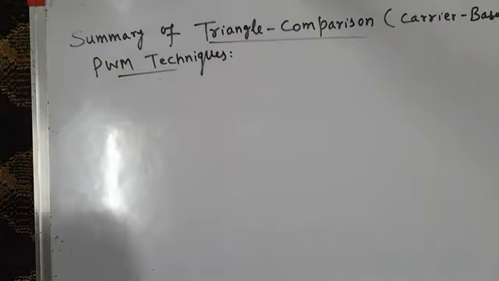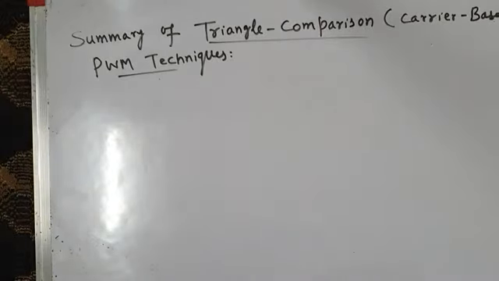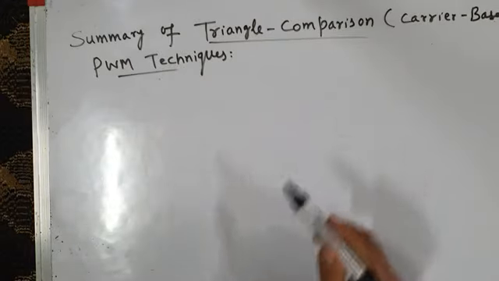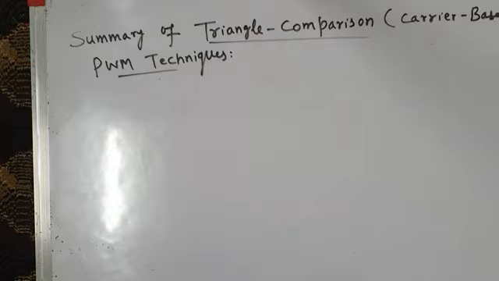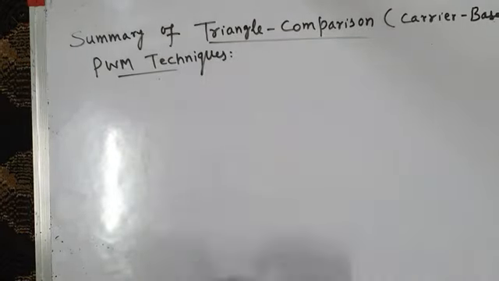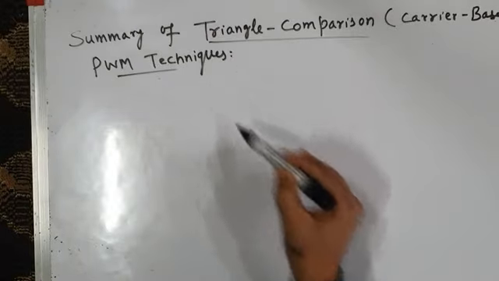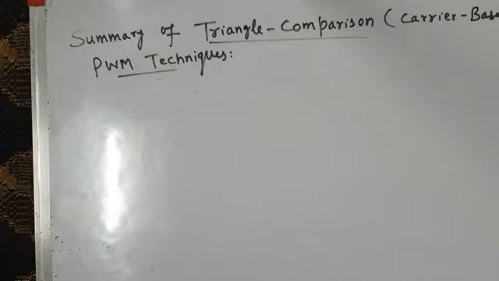Actually why is it called triangle comparison based PWM technique? Because you have modulating reference waves, which may be sinusoidal or non-sinusoidal. You are comparing those modulating waves with a common high frequency triangular carrier wave. So since the modulating waves are compared with high frequency triangular carrier wave, that's why these types of PWM techniques are also called triangle comparison based PWM techniques.